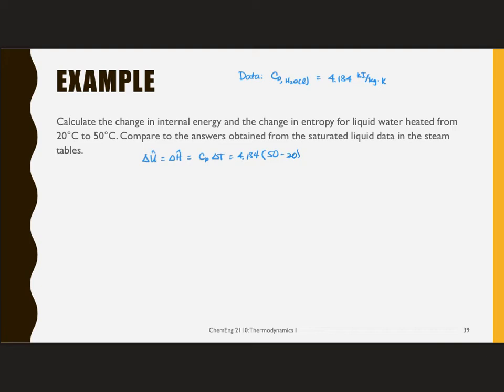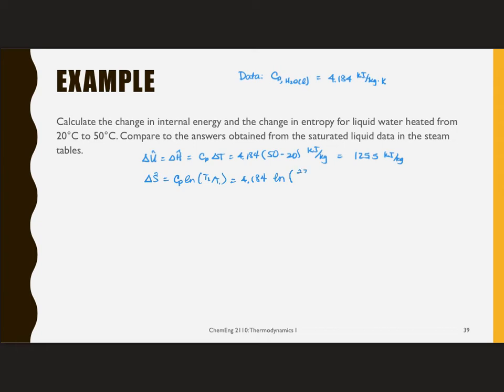50 and 20 are in degrees C, but remember delta T in degrees C is the same as delta T in Kelvin, so therefore this will be in units of kilojoules per kilogram, and we get 125.5 kilojoules per kilogram. If I calculate delta s using c sub p natural log of T2 over T1, c sub p is that 4.184 kilojoules per kilogram Kelvin, and then the natural log of the ratio of the temperatures.